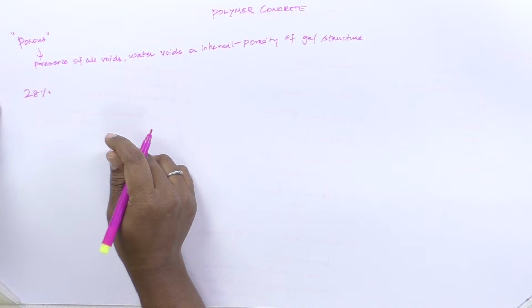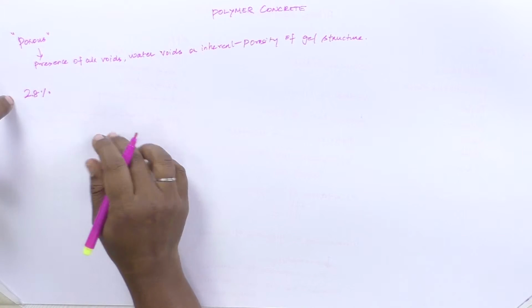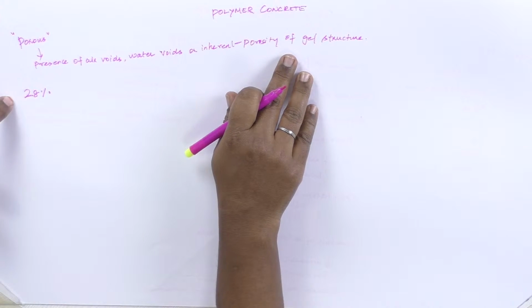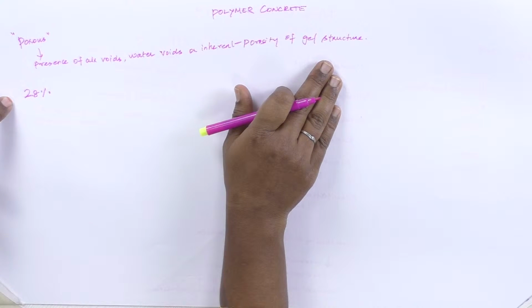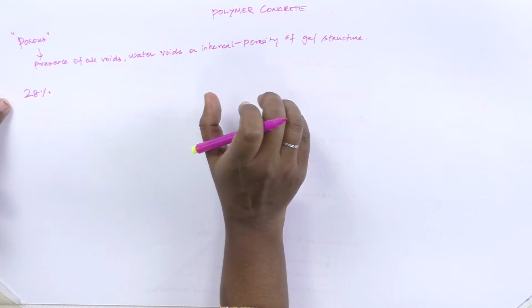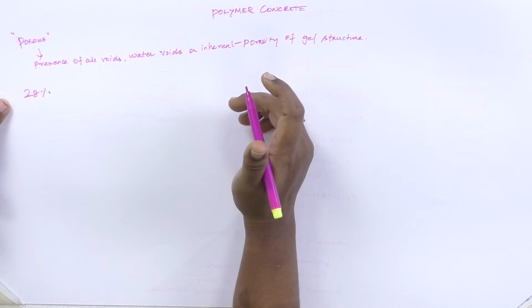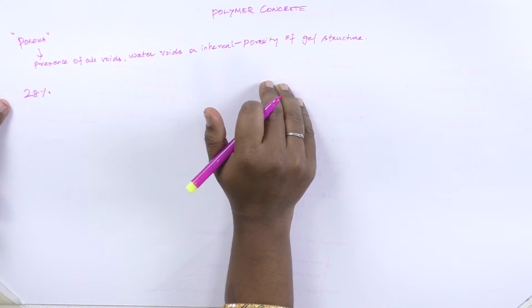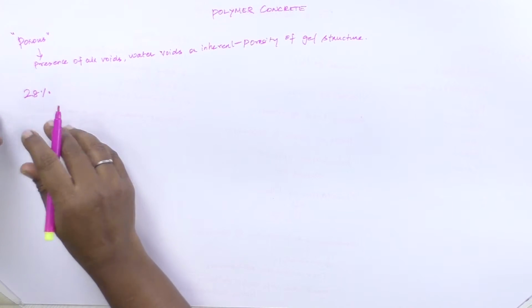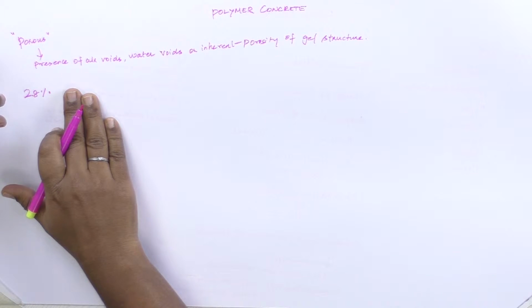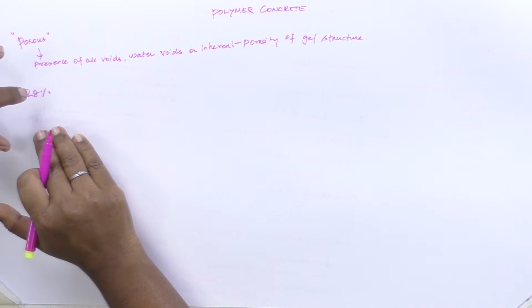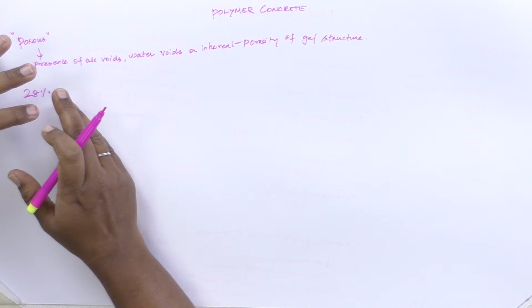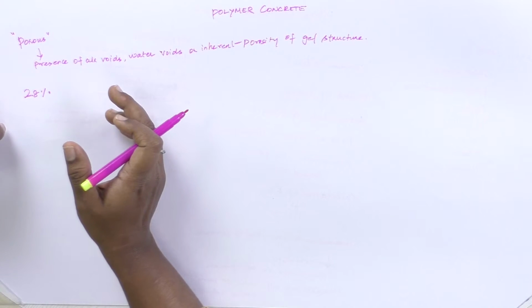This 28% of voids is mainly because of the inherent porosity of the gel structure, which exists before any load is given to the structure. If we reduce the 28% porosity, then we will be able to achieve a concrete of higher strength.